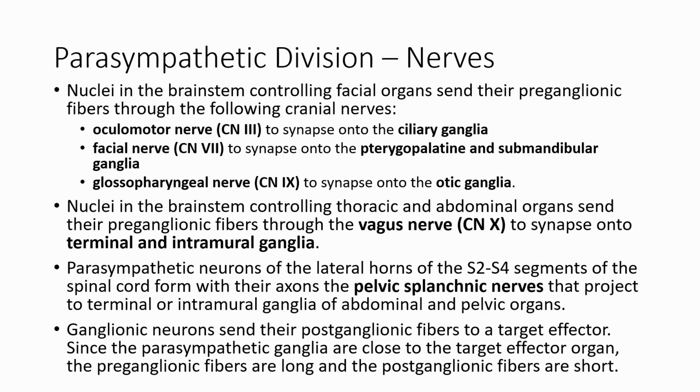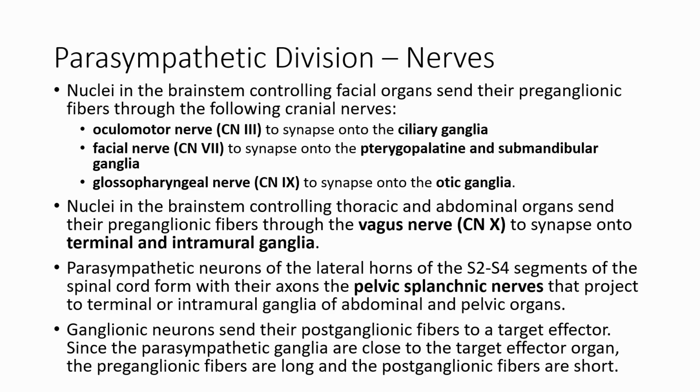So nuclei in the brainstem controlling the thoracic and abdominal organs send theirs down through the vagus nerve to synapse onto the terminal and intramural ganglia. So we have the facial stuff in that first bullet point, and then a lot of the viscera are going to be controlled with the vagus nerve.